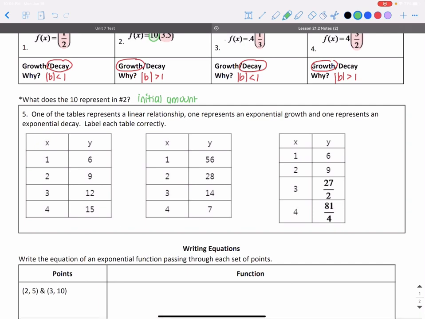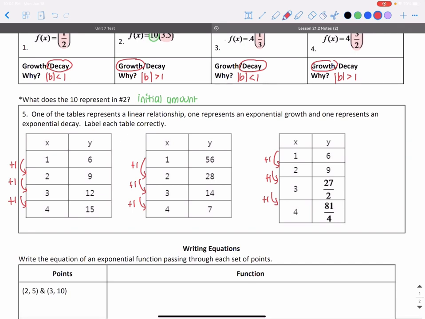So I'm looking at the first table, and I'm looking at my x's first. My x's are growing by 1 each time, and that's true for all of the tables. So I'm looking for the pattern in my x's and my y's.